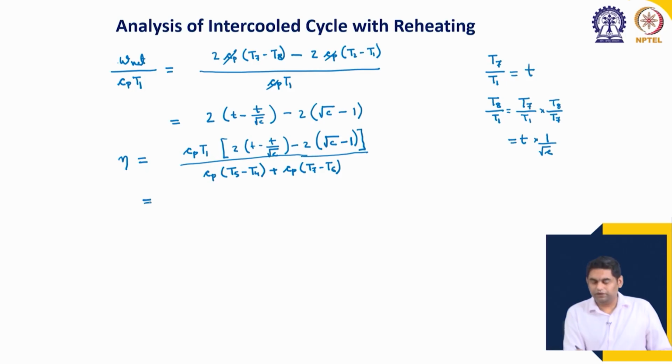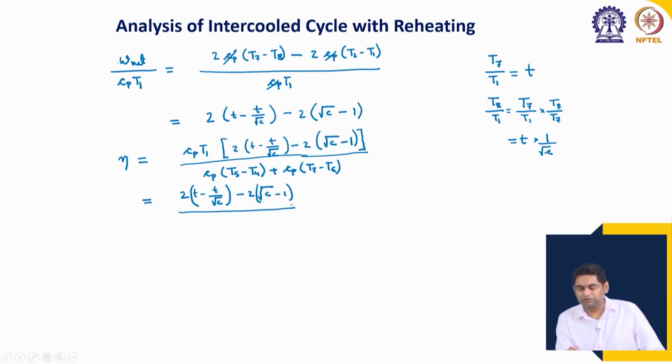So, now if we take T1 out from the denominator and cancel the Cp T1, we are left with 2 T minus T by root c minus 2 root c minus 1, and in the denominator we have T5 by T1.